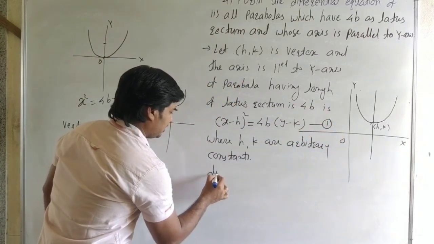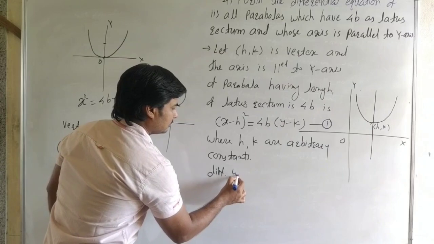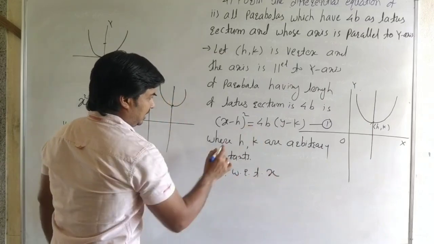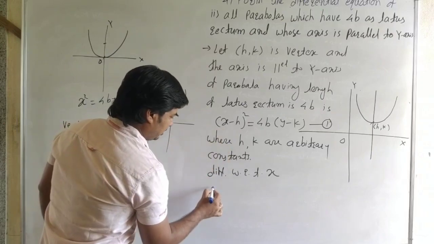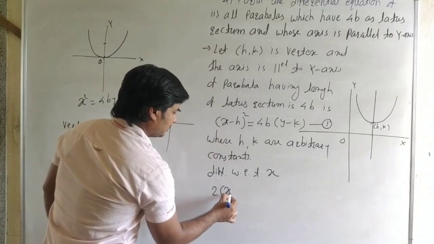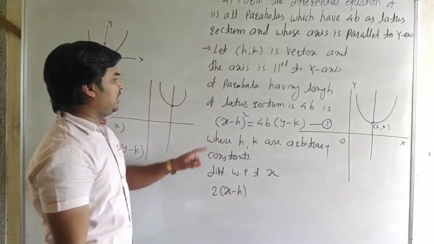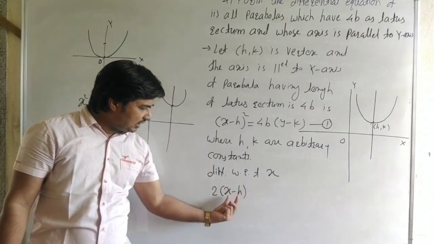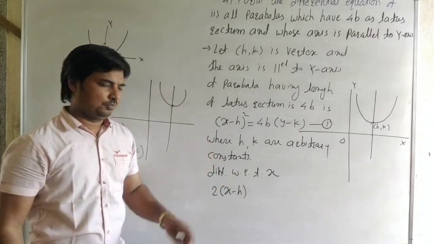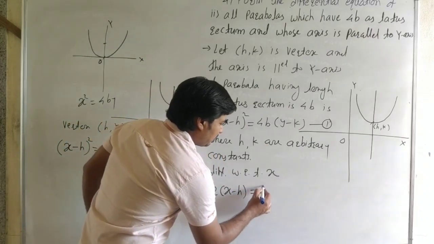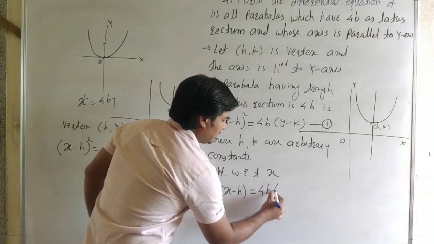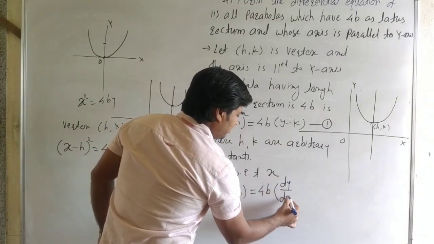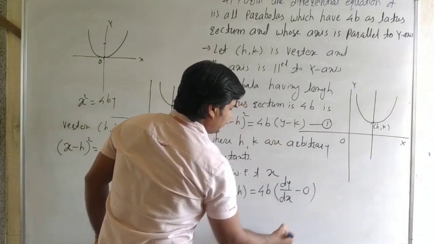Therefore differentiate with respect to x. The derivative of (x minus h) whole square is 2(x minus h), and the derivative of x minus h is 1. Then 4b is a constant, and the derivative of y with respect to x is dy by dx, and the derivative of k is 0.